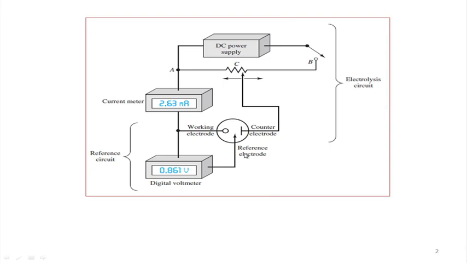Your reference electrode can be your normal hydrogen electrode, a saturated calomel electrode, or a silver chloride electrode. So once you have the reference electrode and the working electrode, you can measure the potential for that electrochemical cell.